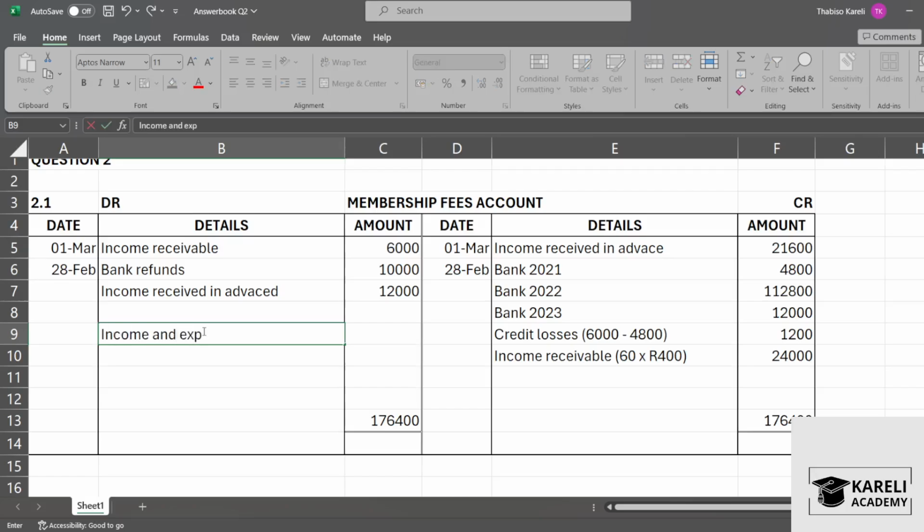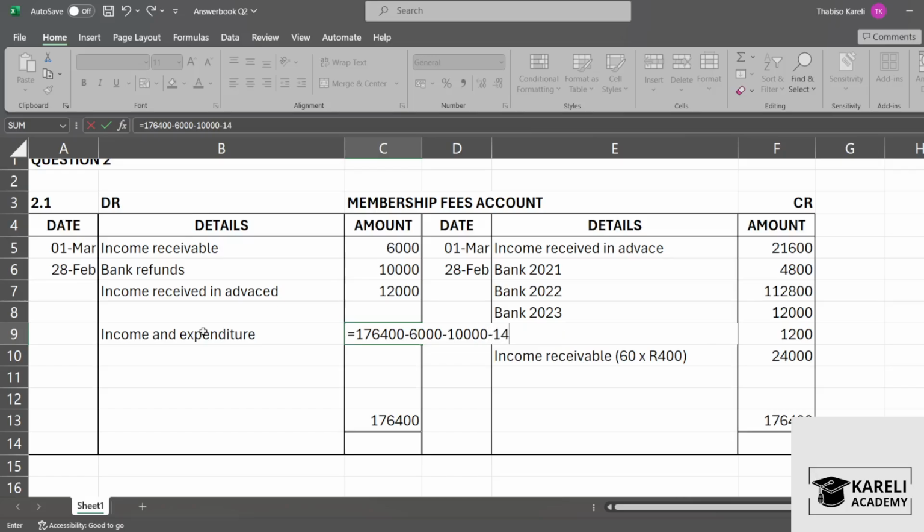Now let's have it. Income and expenditure. On your calculator, you will say 176,400 minus 6,000 minus 10,000 minus 12,000, pardon me.